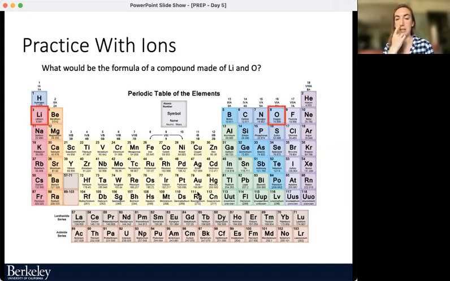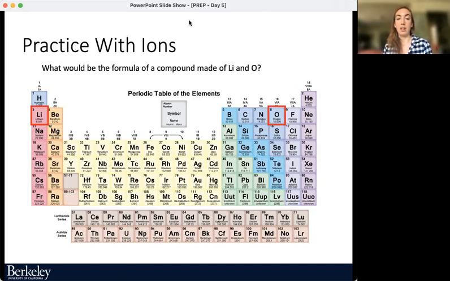I'm going to show you an example. So now we're looking at lithium and oxygen. So the first question is, what charge do you think an ion of lithium would have? And what charge would an ion of oxygen have?